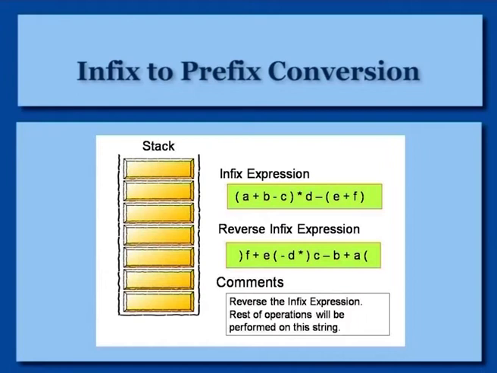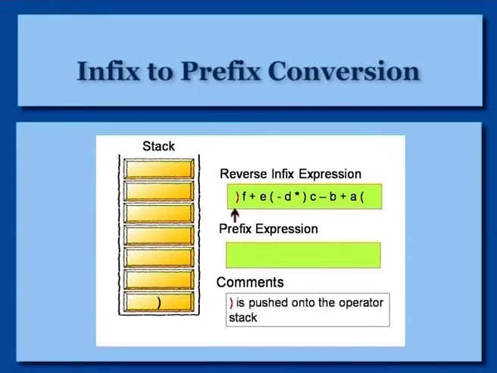First of all, we reverse the infix expression so that the closing bracket comes before the opening bracket and all other characters are reversed. The rest of the operations will be performed on this string. We now scan the reversed infix string character by character from left to right.